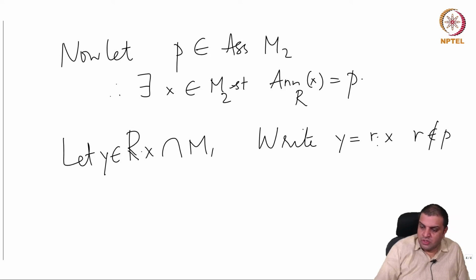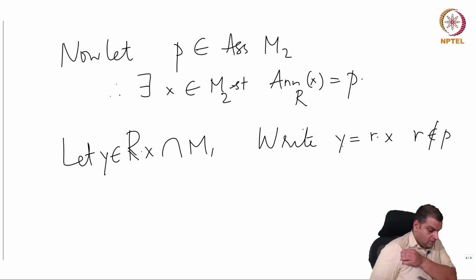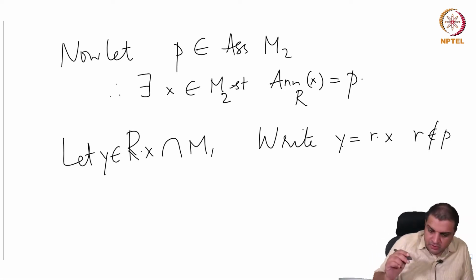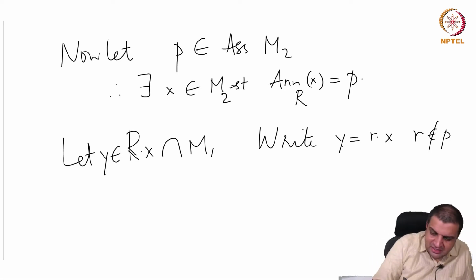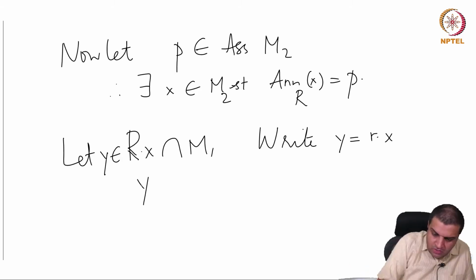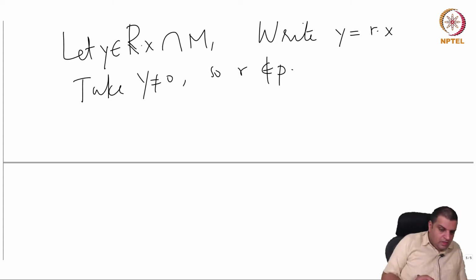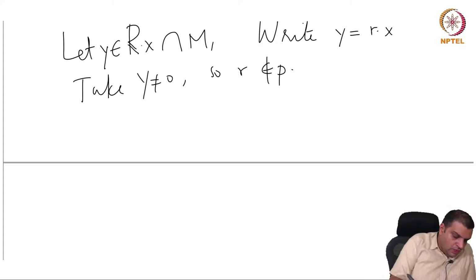Okay, so suppose y is this. I'm sorry, I didn't say: let this be non-zero. Okay, take y non-zero. So r is not in P. So now we would like to understand what the annihilator of this y is.